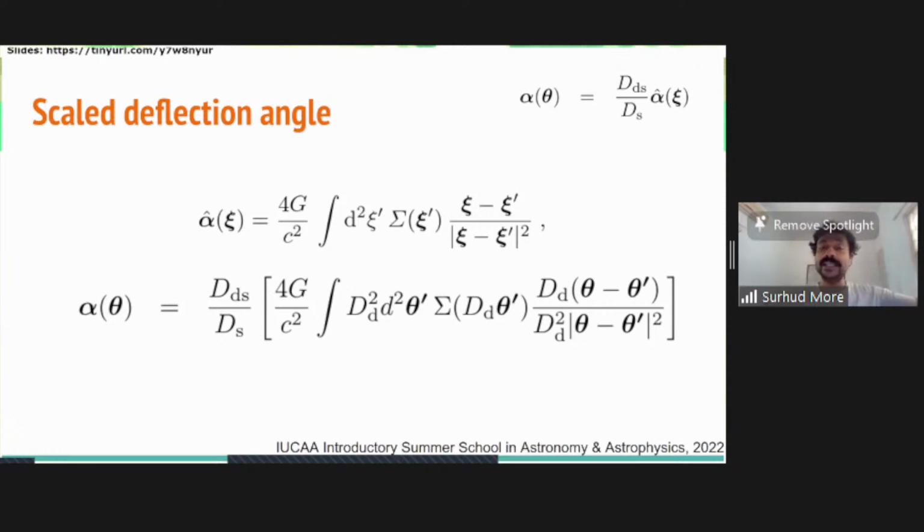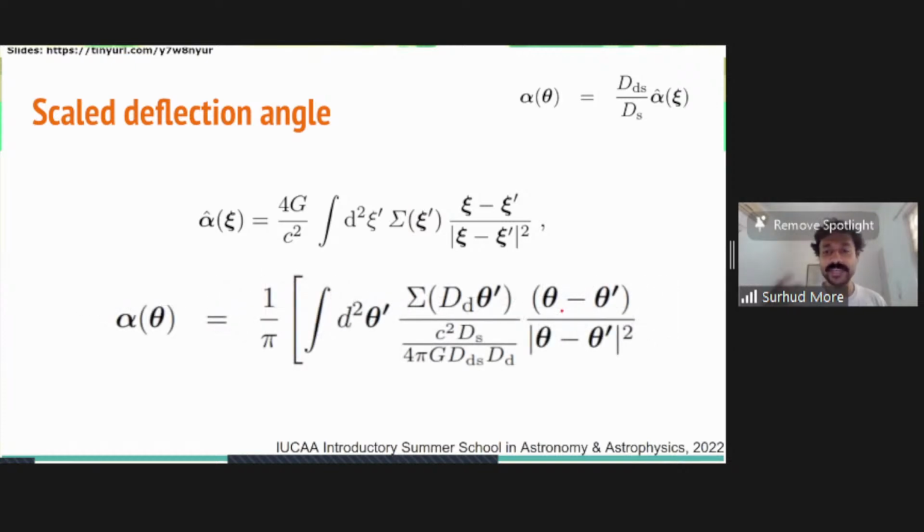Distances in the lens plane are related to the angles observed by us with a simple equation, psi prime equal to the distance to the lens times theta. So I substitute psi prime equals D_d times theta. Because there are two coordinates here, you get a D_d squared times d2 theta prime. This psi prime again becomes D_d times theta prime. So this D_d squared will cancel with this D_d squared, and all you will be left with is a single D_d, which is the distance to the deflector.